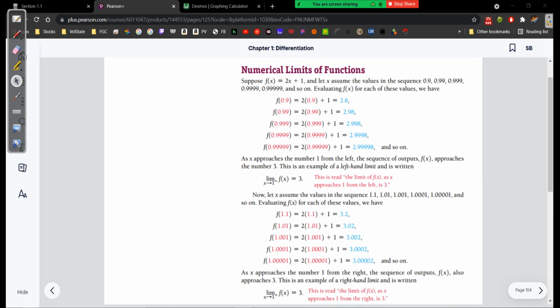As we move along, we plug in 0.9: 2 times 0.9 plus 1 is equal to 2.8. 2 times 0.99 plus 1 is equal to 2.98, and so on. We see that as the number we evaluate gets closer and closer to 1, we get closer and closer to the number 3. And that is the notation that we're looking at.